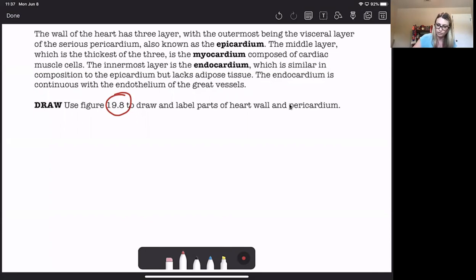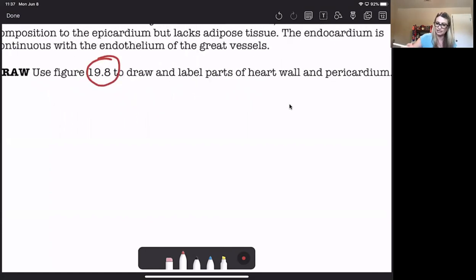So what you would have there in 19.8 is you have your endocardium, then you'd have your myocardium. Yours would of course be prettier than mine, right? And then you'd have the epicardium, sorry.